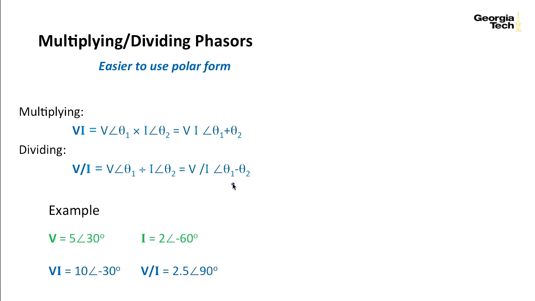As an example, let's look at V is equal to 5 at 30, I is equal to 2 at minus 60. If I want to multiply them, that's 5 times 2 is 10, and that's 30 plus a minus 60 is minus 30. If I divide them, then it's 5 divided by 2, and then 30 minus a minus 60 is 90 degrees.